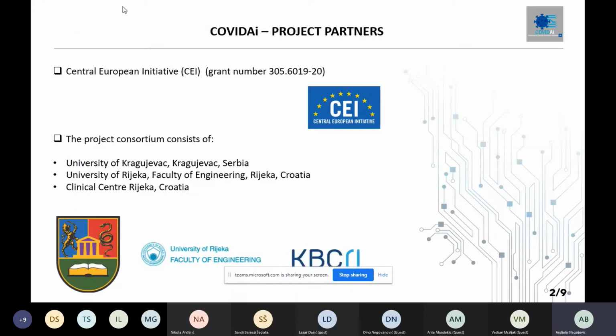And as I mentioned, the project partners were the University of Kragujevac, the University of Rijeka, Faculty of Engineering, and Clinical Center Rijeka. This project started in July 2020 and ended in December 2020. So we worked on this project last year.